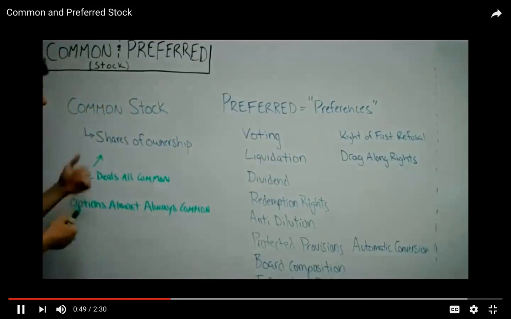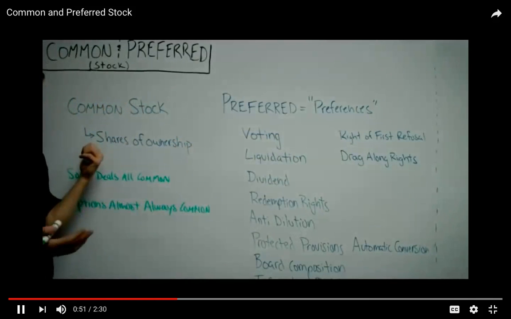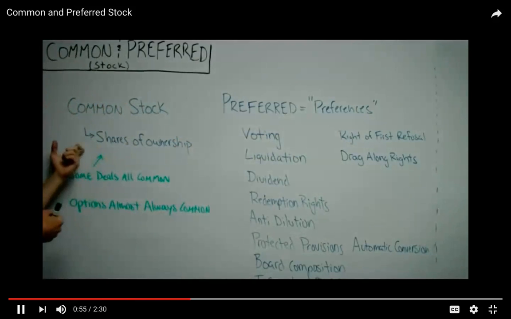So first of all, just a reminder, stock is shares of ownership. Some deals might be all common stock. Common stock deals are pretty uncommon if you have an investor that comes in, since they usually demand preferred stock, but some deals will be all common.